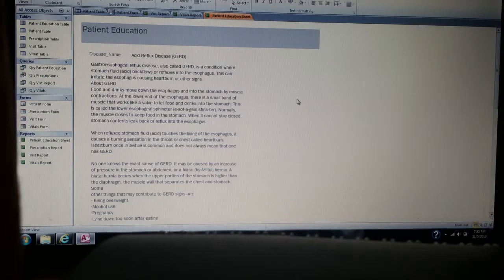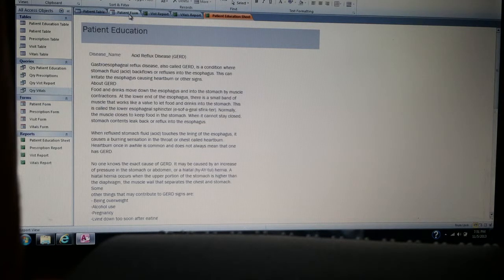This here is just an overview of the condition that the patient has, and it gives them some educational literature to educate themselves also on the disease that they have, and what they can do to help possibly relieve the symptoms that they're having.